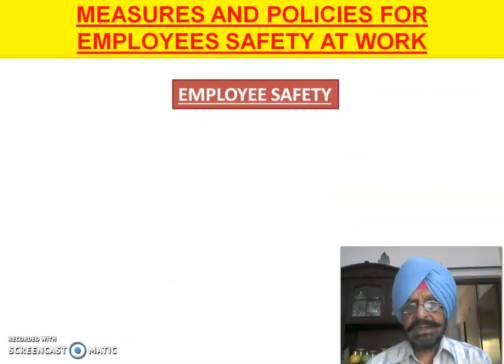Now let us see the next topic: measures and policies for employee safety at work. First of all, we must understand what is meant by safety. Safety, all of us understand primarily in general terms, but let us see what we mean at work.